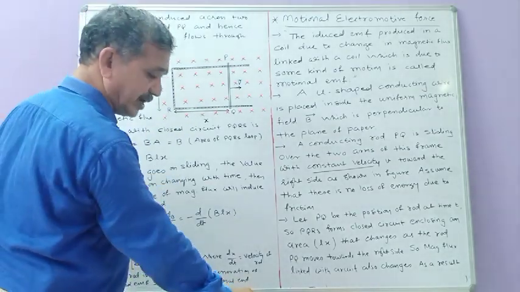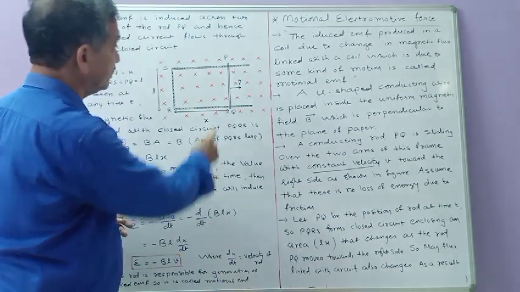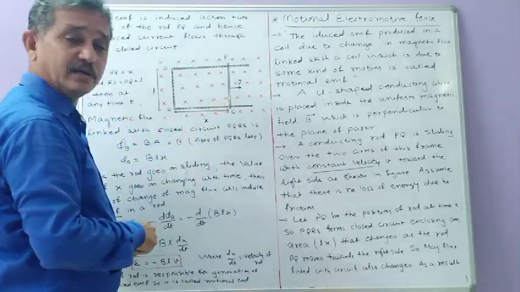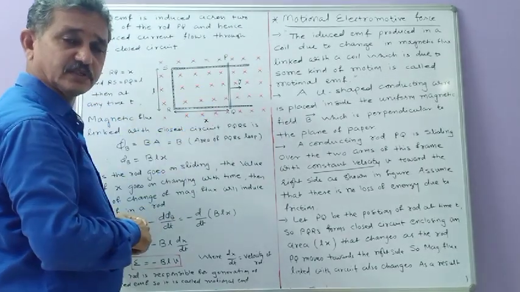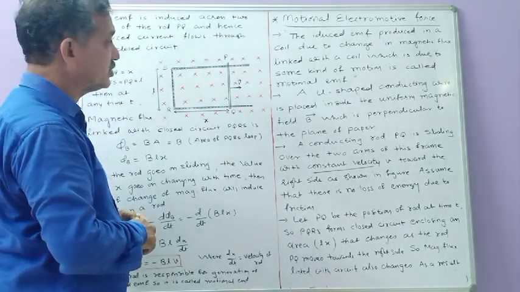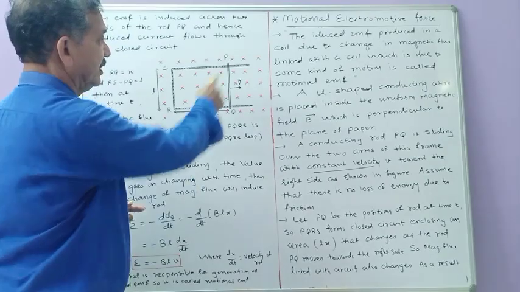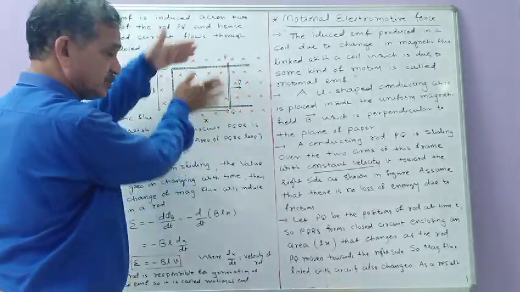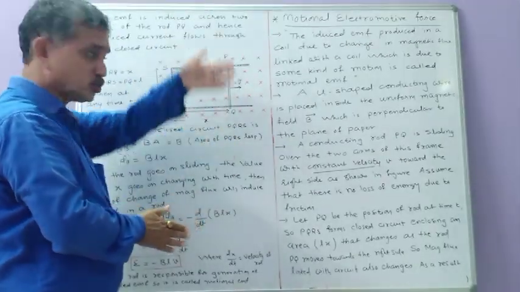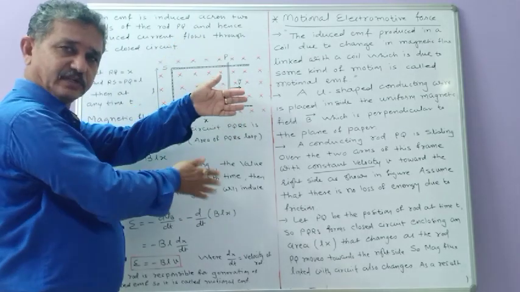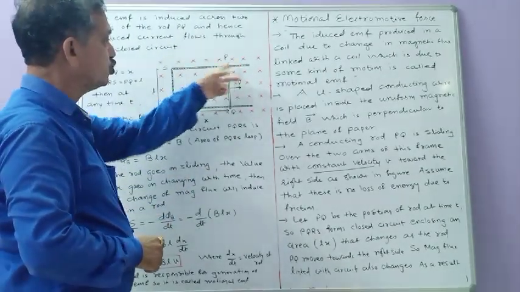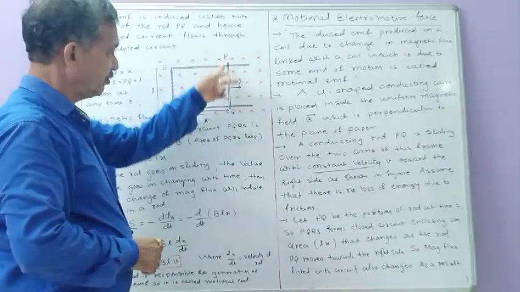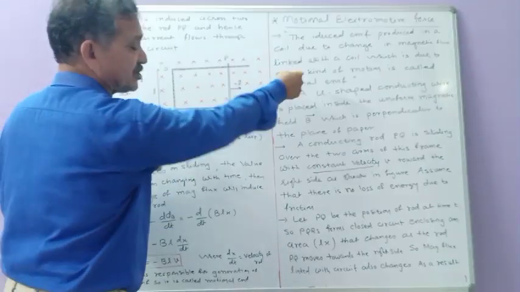In this uniform magnetic field we are placing one rectangular U-shaped conducting frame or U-shaped conducting wire, and this U-shaped conducting wire is placed like this so that its plane remains perpendicular to the magnetic field, and over these two parallel arms one rod PQ is allowed to slide.